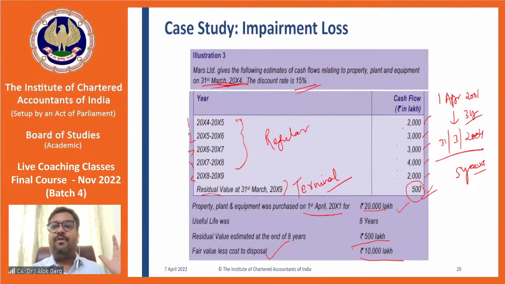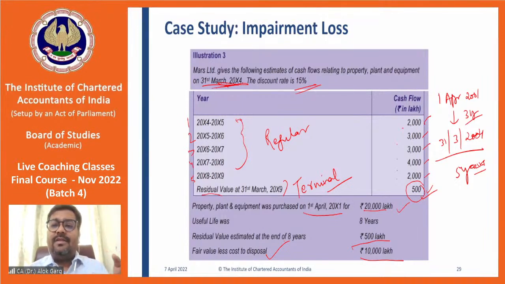Discount rate and cash flow are given, so we can calculate the present value of the discounted cash flow. And since the date and cost of acquisition are given, we can calculate the carrying value as well. Once we have a carrying value and a recoverable amount, we can calculate impairment loss as well.